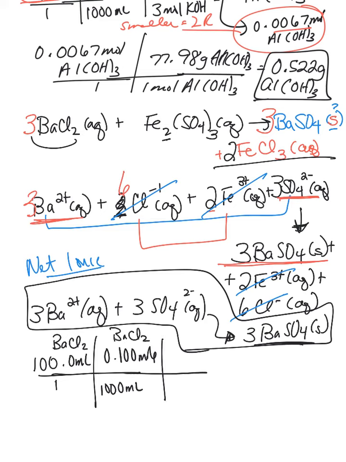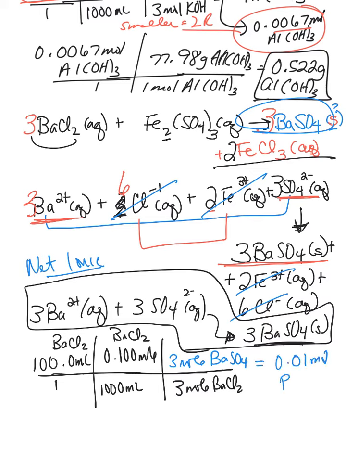And then we're going to look at our balanced equation, and we're going to see that for 3 mole of barium chloride, we get 3 mole of barium sulfate. And that works out to be 0.01 mole of barium sulfate.